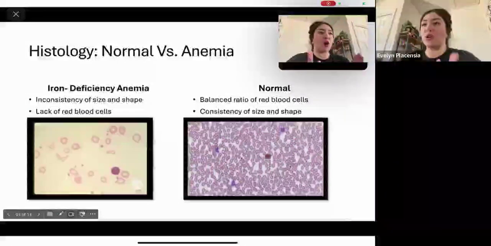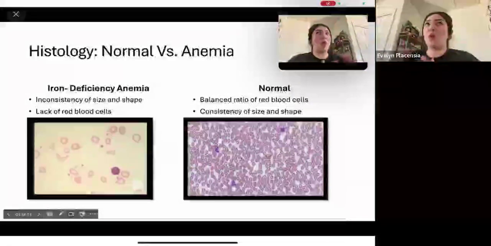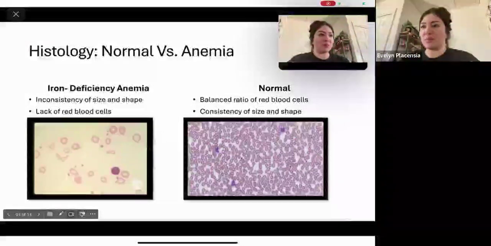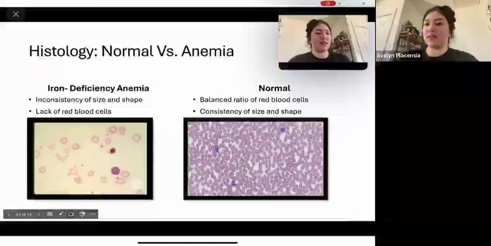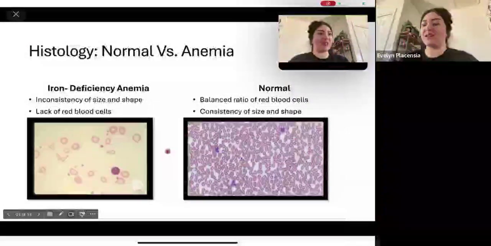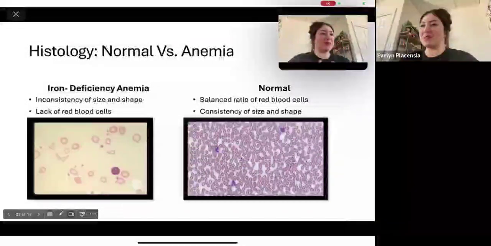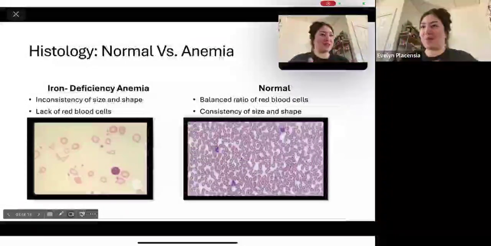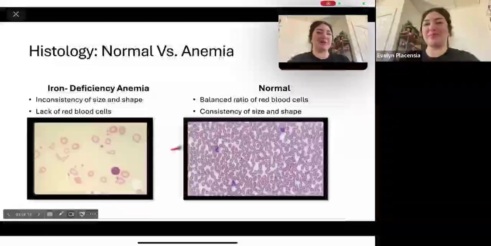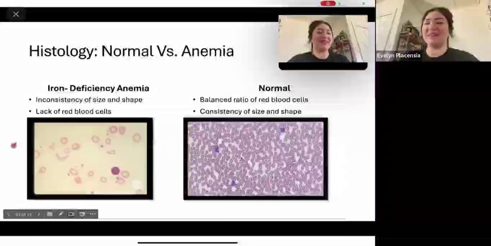The red blood cells are supposed to take up the majority of the composition of blood. So we do not want to see this if someone was taking a test and you had your blood smear taken for a sample and you see that, that is not good.